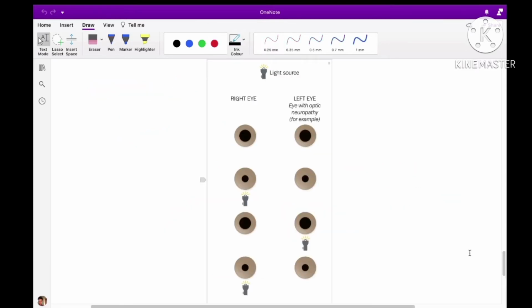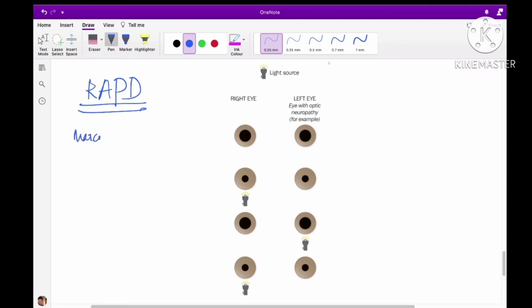The second afferent pathway defect is RAPD. What is RAPD? Relative afferent pupillary defect, also called Marcus Gunn pupil. Where can it be seen?